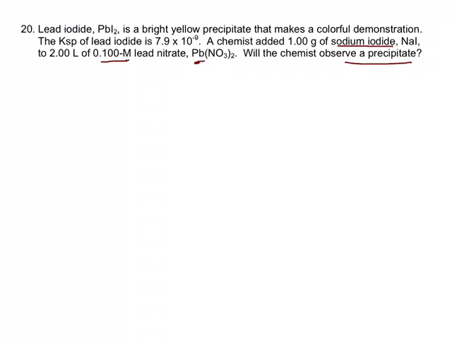Now let me just jump in and show you how to do this. Write the balanced equation for the dissociation of the salt that might precipitate. So in this case, lead iodide, PbI2, is the thing that might precipitate. And if there were solid lead iodide, it would dissociate in this way.